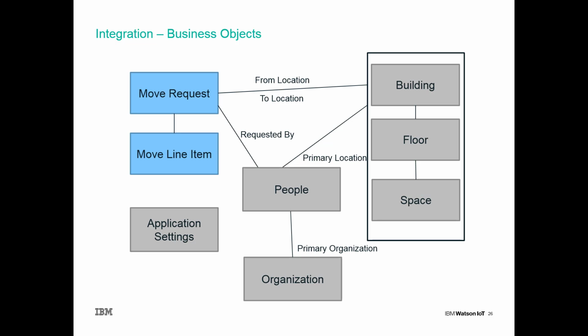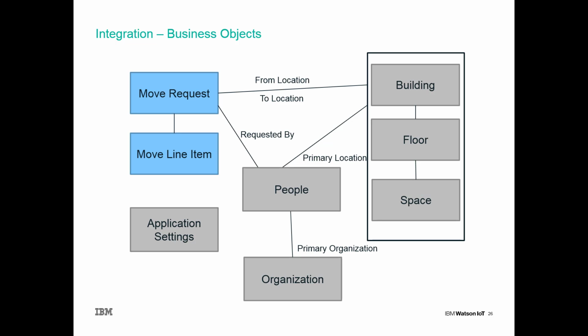Just to give everybody an idea of the key business objects used by this application, I've included this slide. When the move request is created, it has both a from and a to location associated with it, and that location includes a building, floor, and a space.